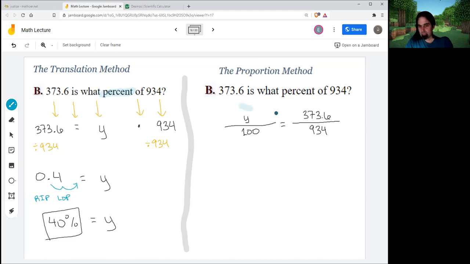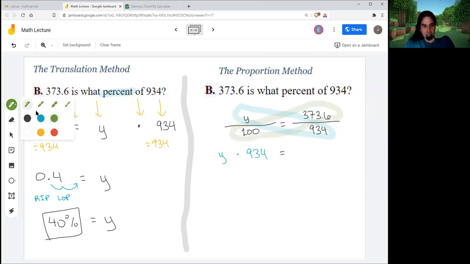Y times 934 equals 100 times 373.6, divided by 934.